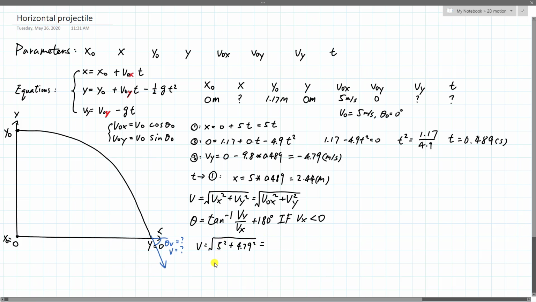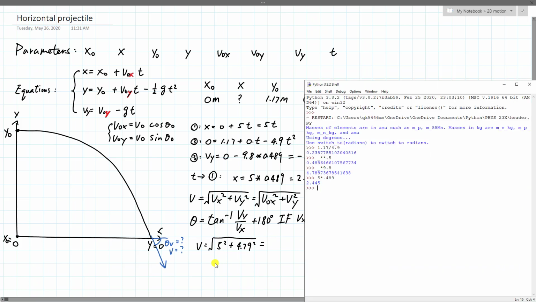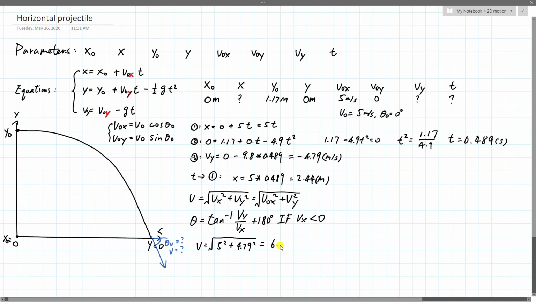Okay, so 5 squared plus 4.79 squared, and take a square root, raised to the power 1/2. I get 6.92. So the total velocity at the point of impact is almost 7 meters per second.